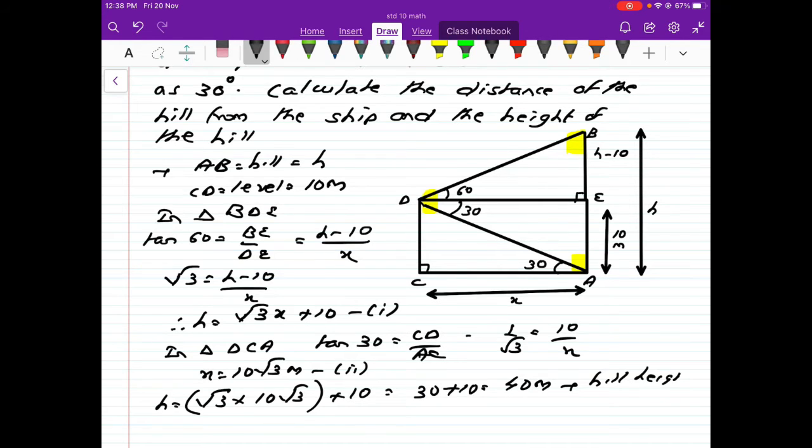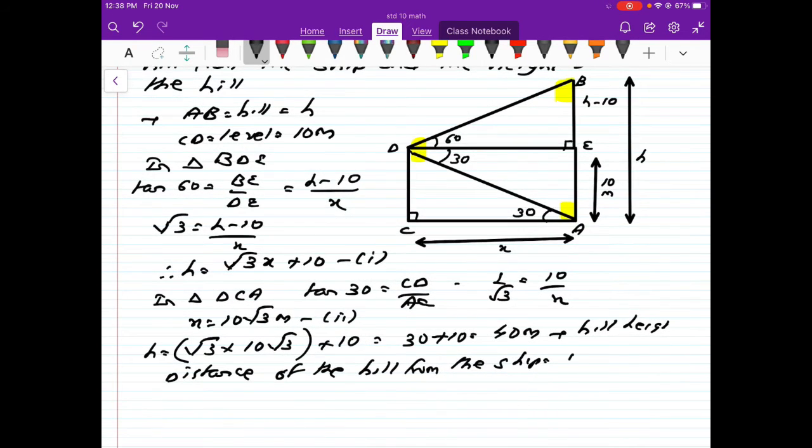The distance of the hill from the ship is 10 root 3 meters, or if you substitute the value of root 3 as 1.73, we are getting 17.3 meters. Okay, so this was the second sum.